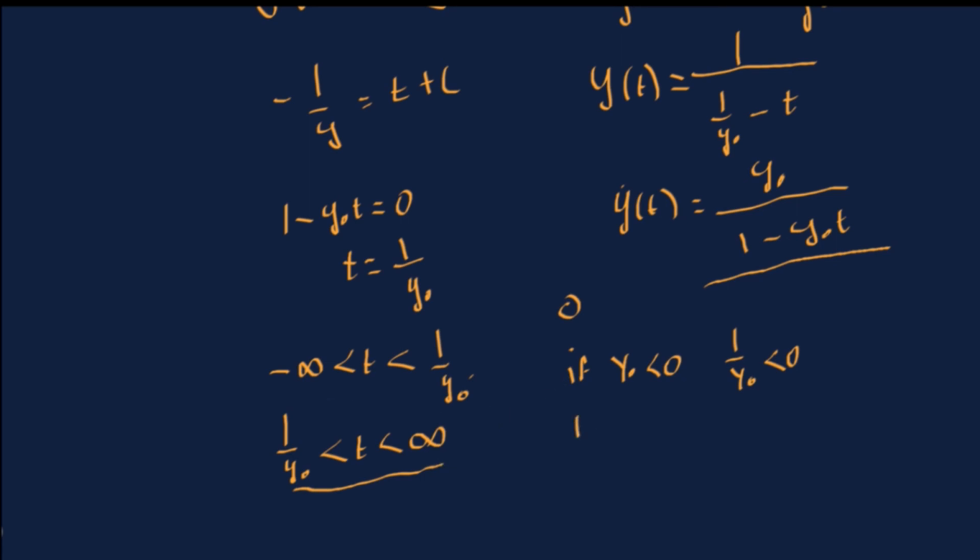Now if the y naught value was greater than 0, or if it's positive, then 1 over y naught is also positive, which would make the first interval, this one, the interval of validity, because that's the interval that contains 0, which is our input value of the initial condition. So as you can see, for problems with nonlinear differential equations, the output value of the initial condition could affect the interval of validity.